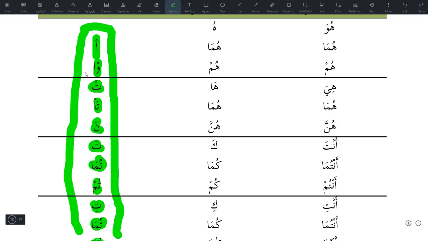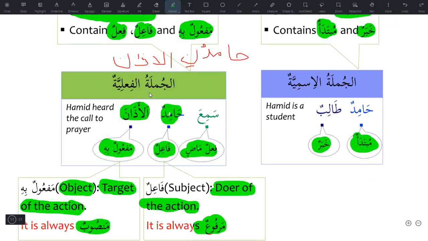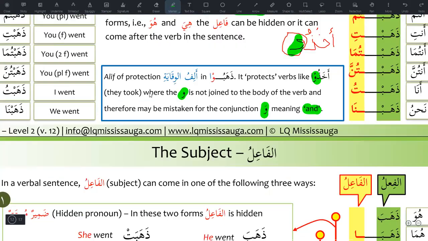These suffixes are only for the past tense, and we use them after the verb, at the end of the verb. While in present tense, in fil mudari, we use huruf al-mudari before the verb. You will learn later, inshallah.